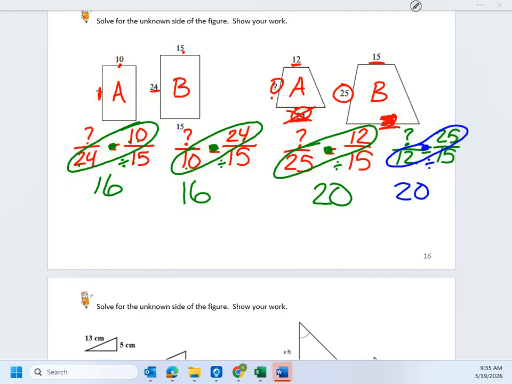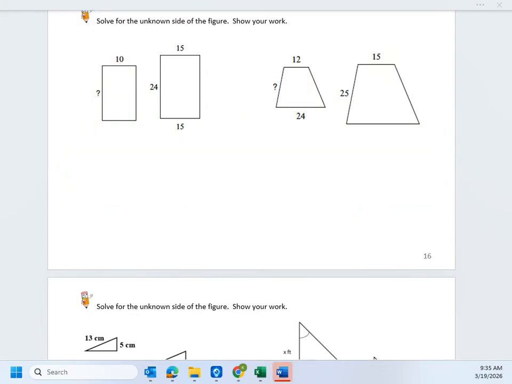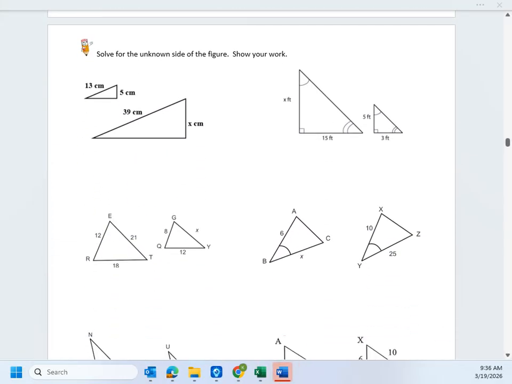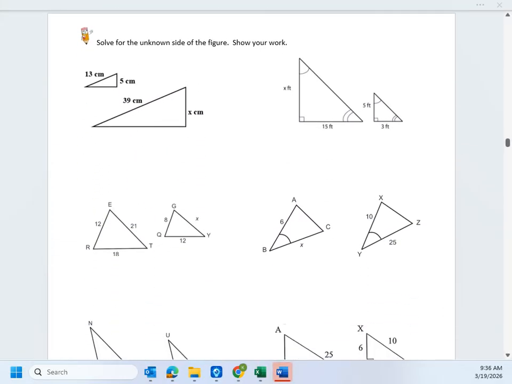So you have your steps to follow. Your first step is to label A and B. Second step is to write your equation. Third step is you circle that diagonal and you multiply, you divide by the outside number.